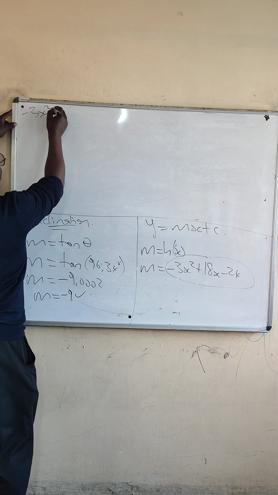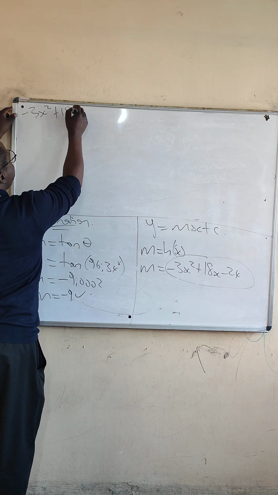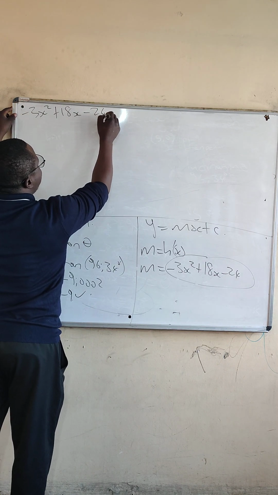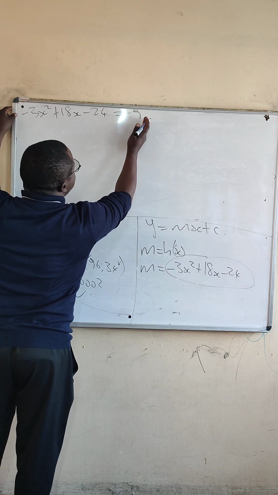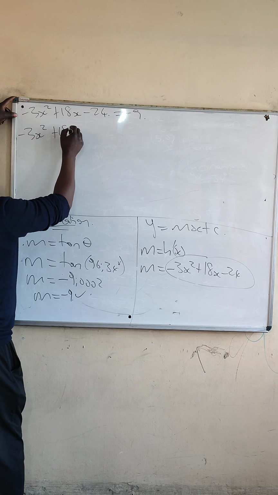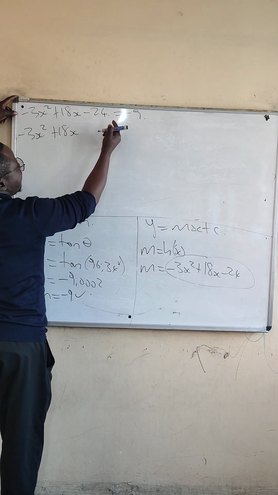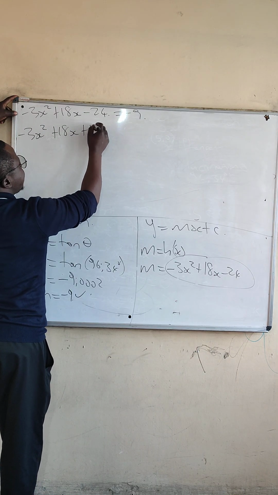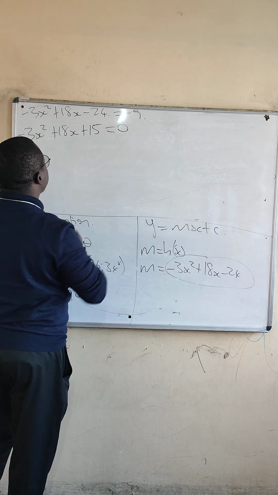Negative 3x squared plus 18x minus 24 is equal to negative 9. Let's bring negative 9 over here. Minus 3x squared plus 18x, 9 comes over here, minus 24 plus 9 becomes minus 15, equals 0.